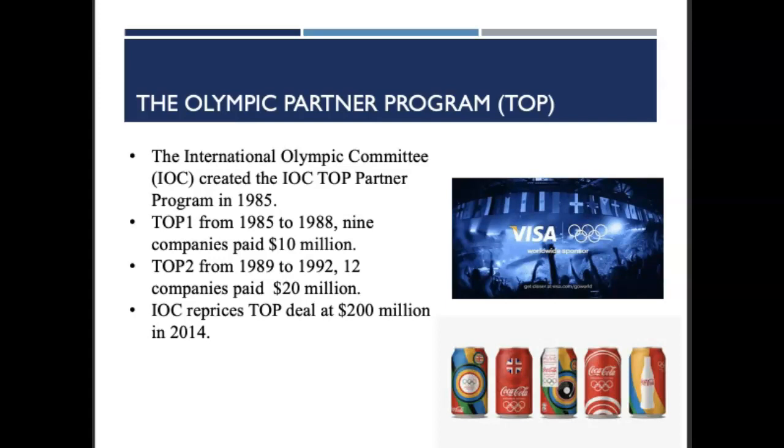The first TOP program was pretty successful. There were 9 companies that wanted to pay, each paying $10 million to become sponsors. The second TOP program ran from 1989 to 1992. There were 12 companies, each paying $20 million to become Olympic sponsors. And now the Olympic Games is really different compared to 30 or 40 years ago.